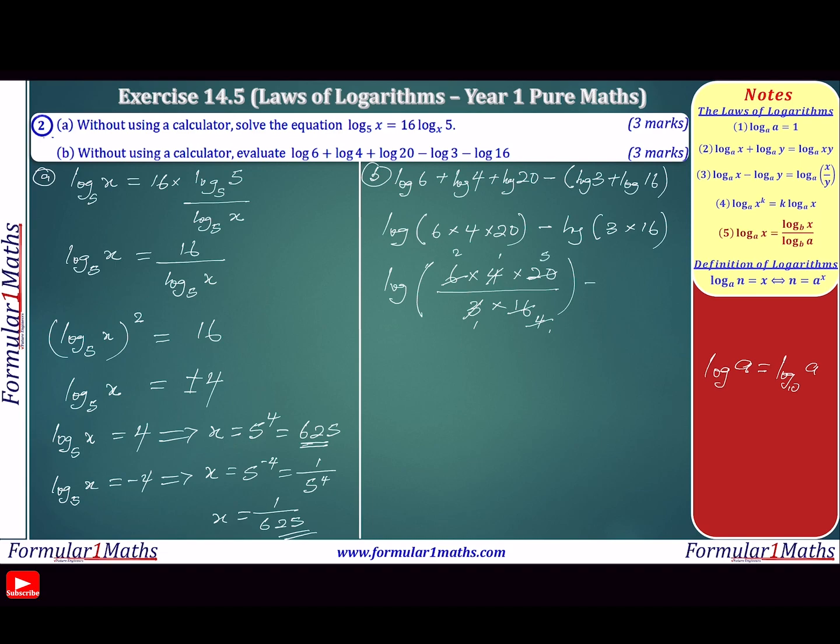So finally, I'm left with log 10. But as indicated earlier, this is the same as log to base 10 of 10. And using the first rule here, we can conclude that the answer is 1. And so the solution for B is 1.